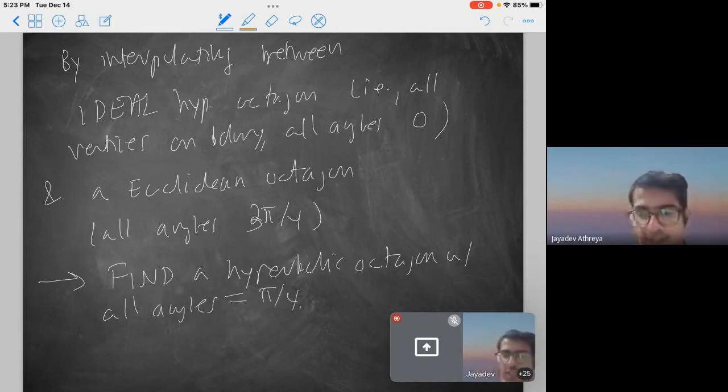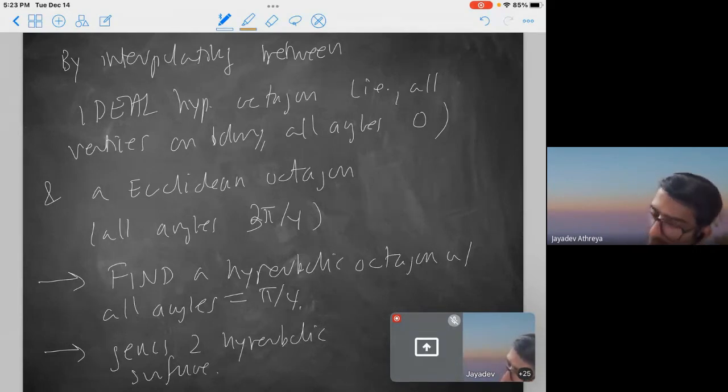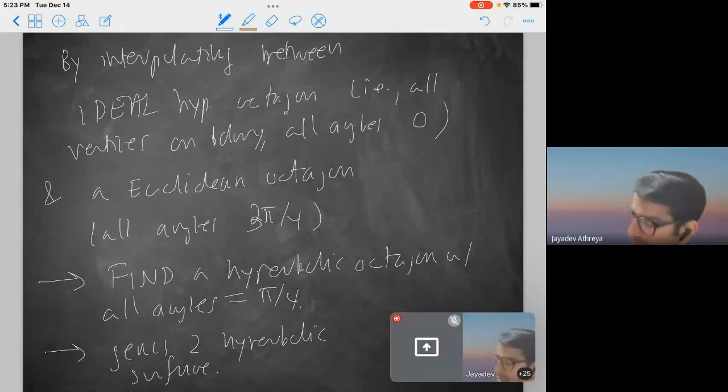Right, this is just kind of by the intermediate value theorem. And this gives you a genus 2 hyperbolic surface that is a constant curvature surface with no singular points whatsoever. Everything looks extremely nice. No singular points.